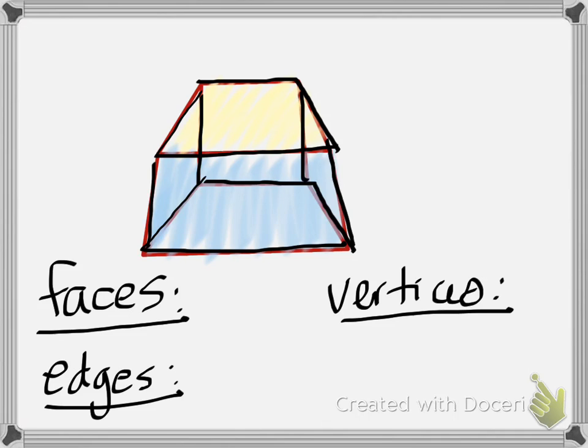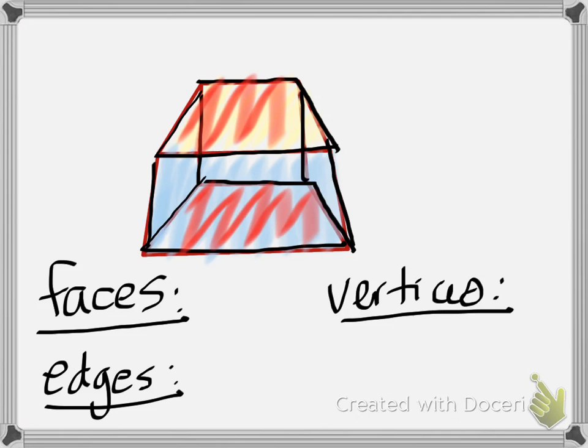Okay, for faces, let's change colors. I have one on the top, 1 on the bottom, 2, and then I have the 4 sides. So 2, 3, 4, 5, 6. That makes 6 faces.